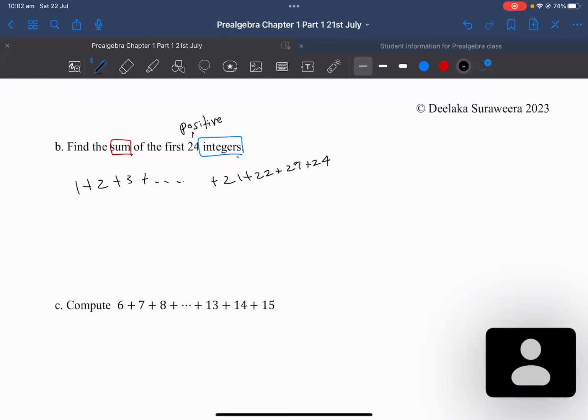Now, can you guys do this one? Same idea. Think of the idea, right? Because you can't do this manually.